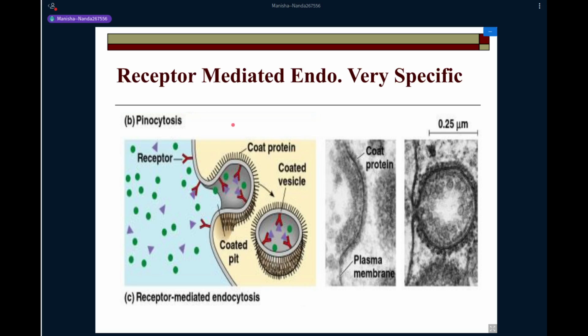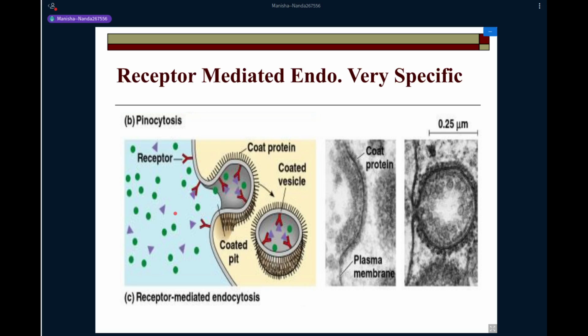But for this moment, you should know that endocytosis can be specific and non-specific, right? So receptor-mediated endocytosis is highly specific because it is going to allow only those molecules that are going to bind to these receptors.